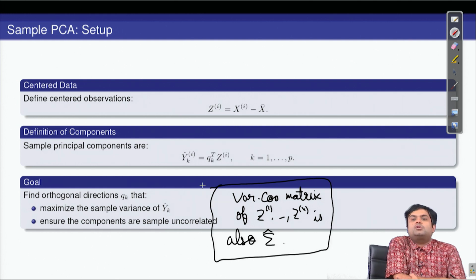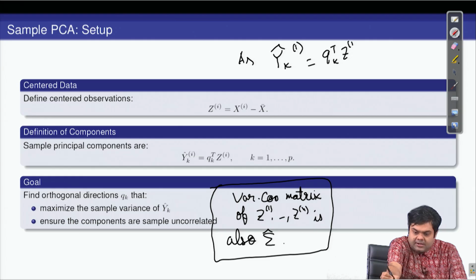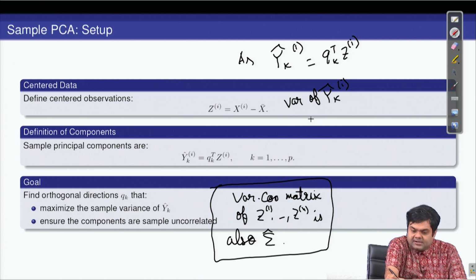So, now because y_ki hat is q_k transpose z_i, the variance of y_ki hat is nothing but q_k transpose sigma hat q_k.